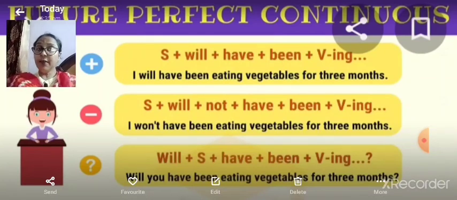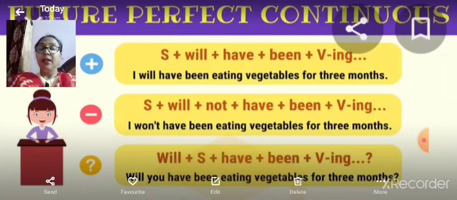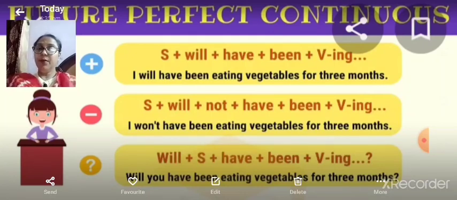I won't have been eating vegetables for 3 months. Now in the interrogative form: will, then subject, then have been, then verb with ing. So this is the formation of future perfect continuous tense.